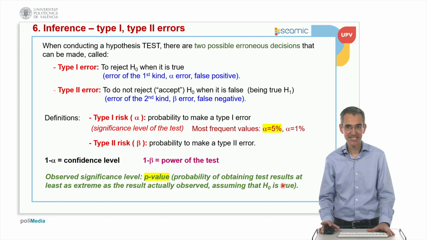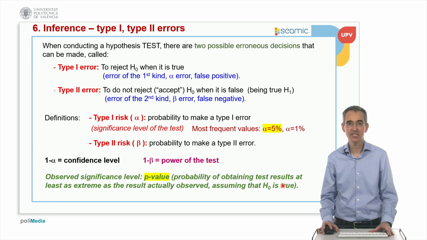This slide is very important because it contains very important definitions. Some of them are not contained in the math tables that you can use for the exams or for the class exercises, so it is important that you try to remember them. The definition of alpha: the probability to make a type 1 error, which means the probability to reject the null hypothesis when it is true.